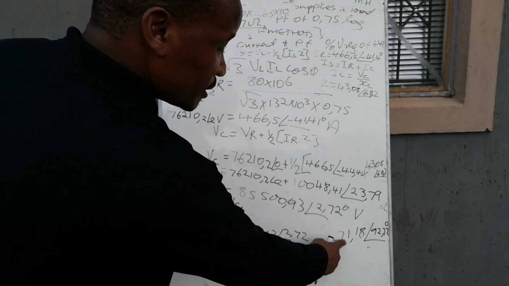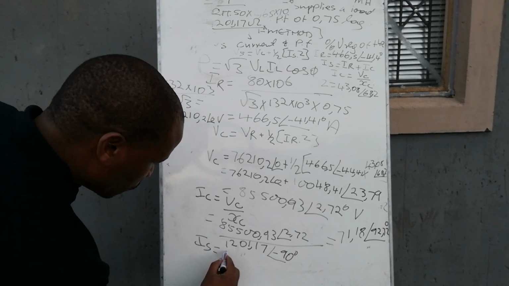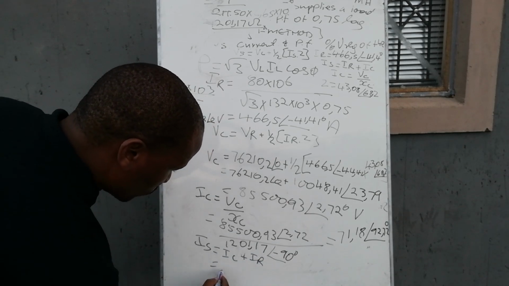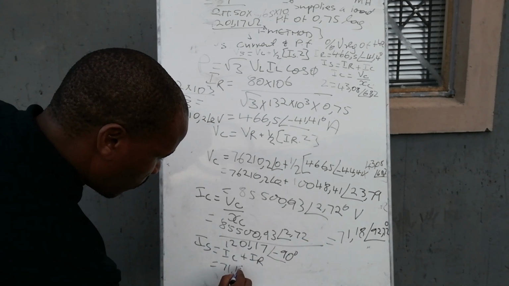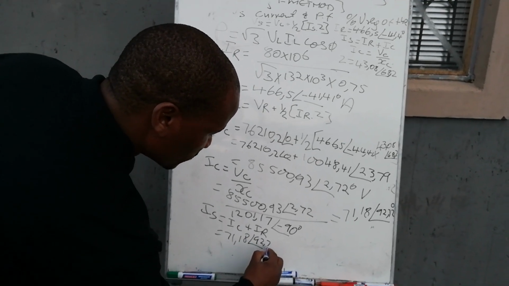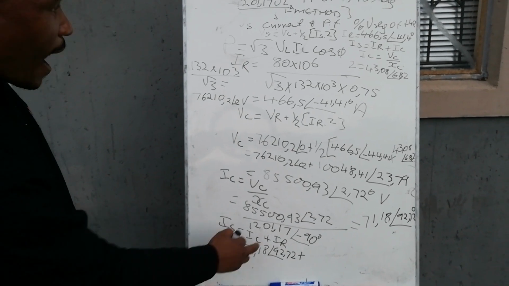Now that we've got this, we can calculate the sending end current, which is IC plus IR. And it's equals to what? IC is calculated at 71.18 angle of 92.72 plus IR.